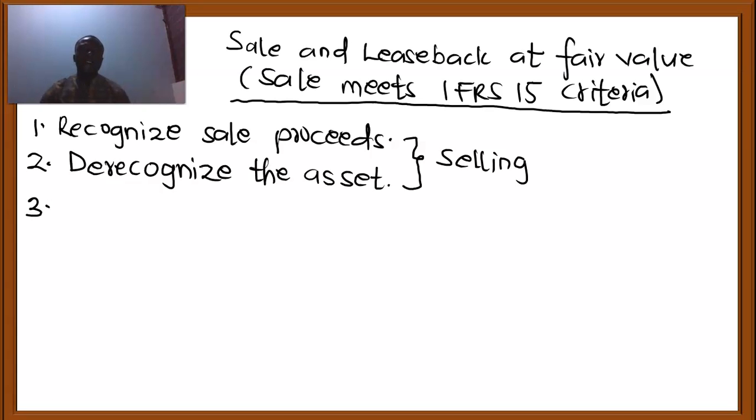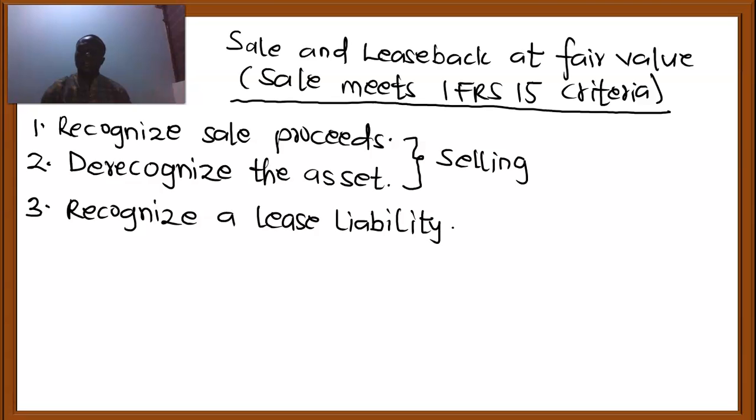And under IFRS 16, leasing, the lessee has to recognize a lease liability and a right of use asset. So you recognize a lease liability. Then also you recognize a right of use asset.